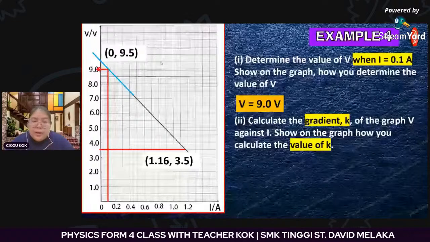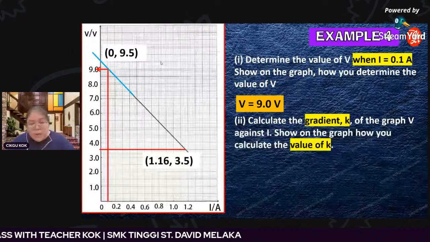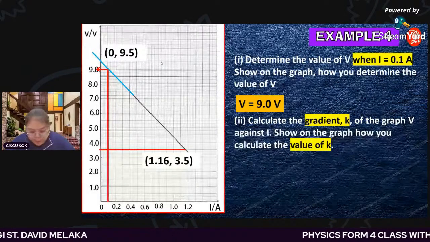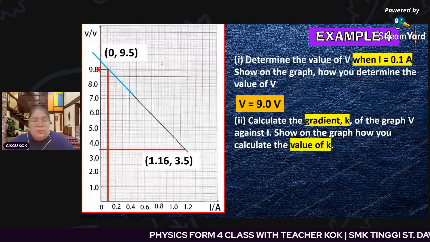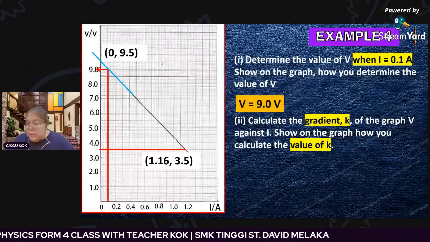Remember gradient is y over x. y2 minus y1, then x2 minus x1. We're using the formula y over x. We're still waiting for student to answer me or not.